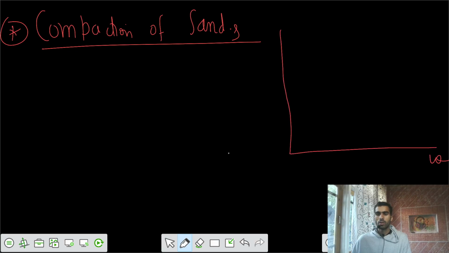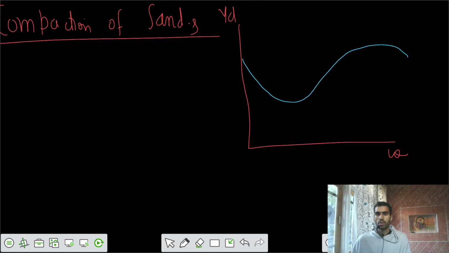Let's say this is your water content, and there we have gamma dry. Our curve has a particular value of gamma dry, and this decreases, and finally it increases again, attaining some value, and after that it decreases again. This is the curve for your sands.